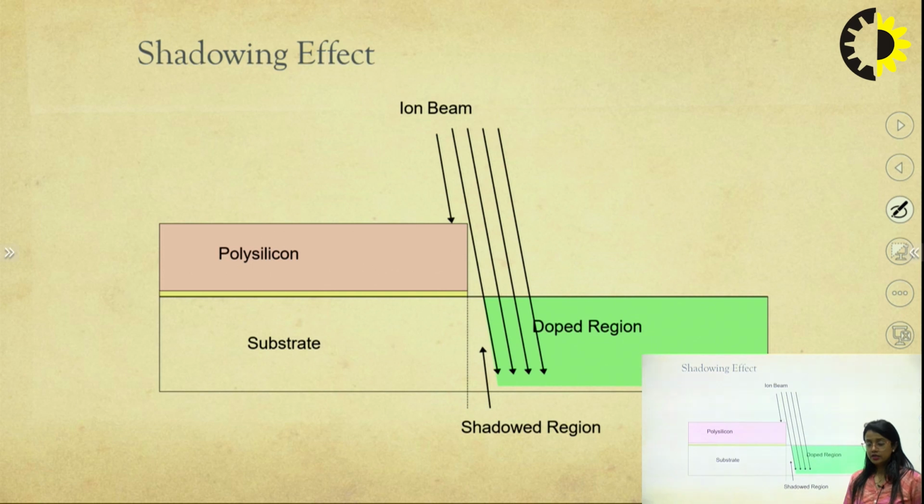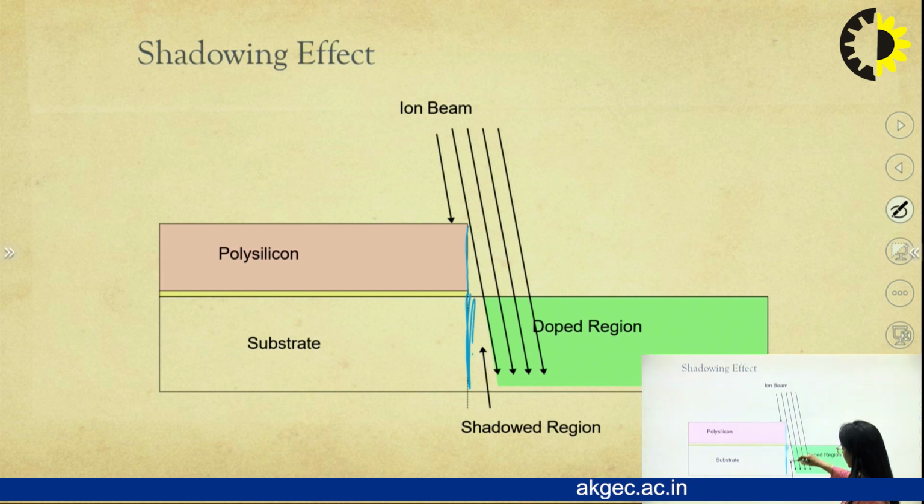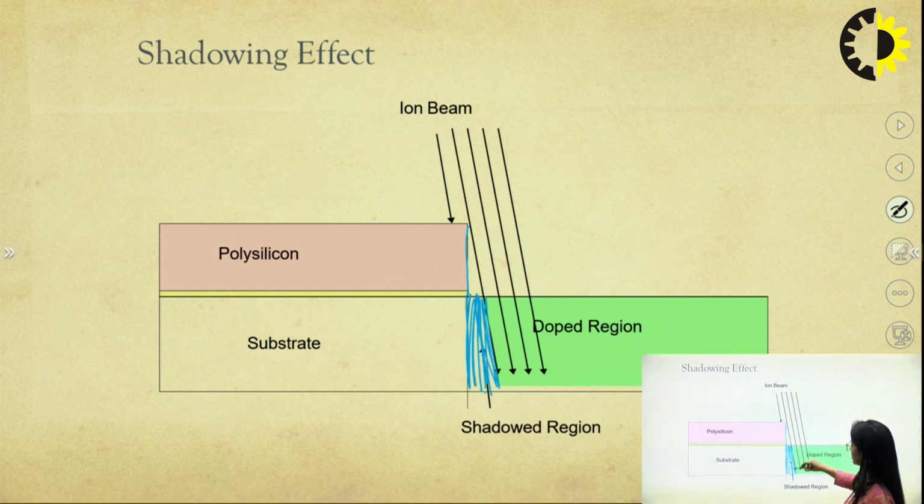Now, the other method in which the ion beam is lacking is the shadowing effect. In this shadowing, the beam is not able to penetrate a particular section. We can see the beam was not able to penetrate this blue section because it was shadowed by the polysilicon. So this is called the shadowing effect.